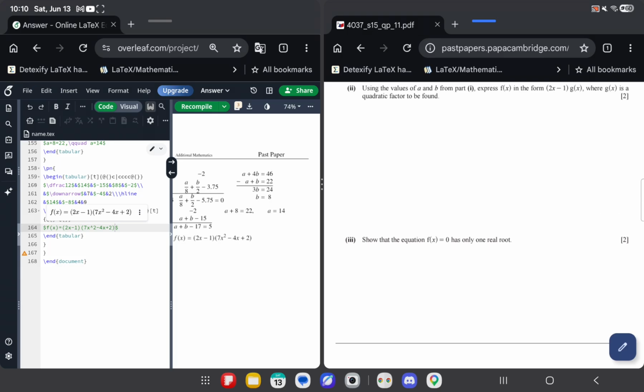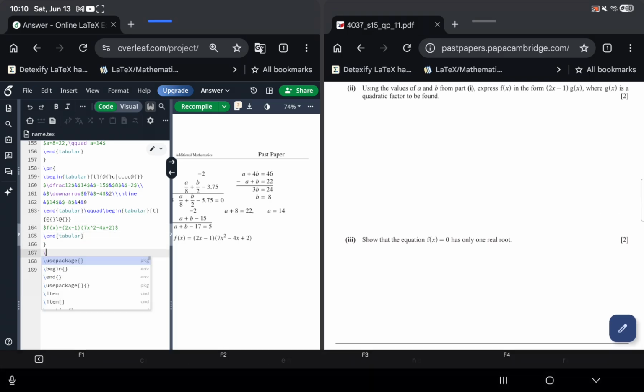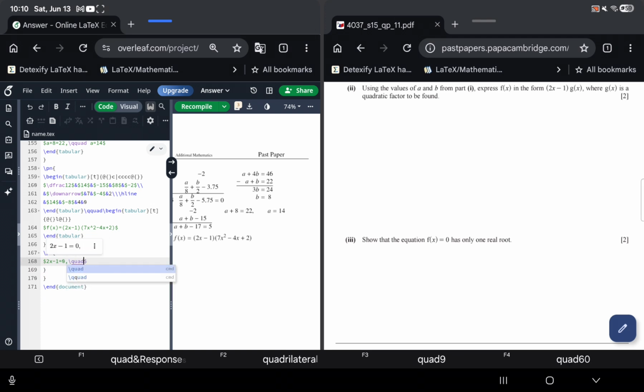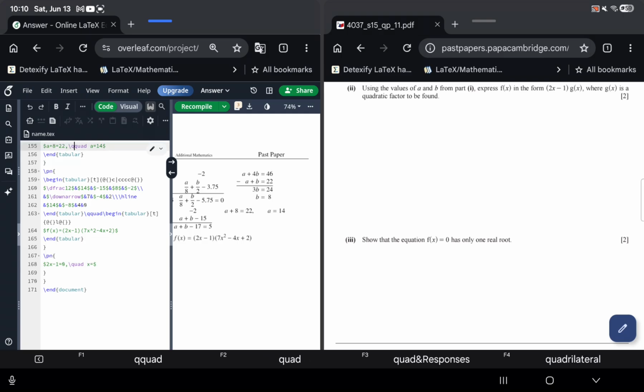Show that this is one root. x is equal to, we use what? Quadratic formula. I do not like using the quadratic formula as the hence.